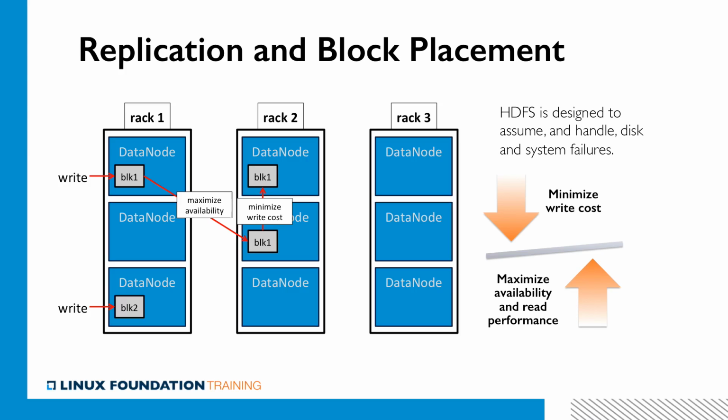A different block could also begin its life on rack 1, but then it could be replicated all the way to rack 3, again maximizing availability, and the third copy will be placed within rack 3, minimizing the write cost. The idea still remains the same: balance the time to complete a write of all the replicas against maximizing availability if data center failures occur.